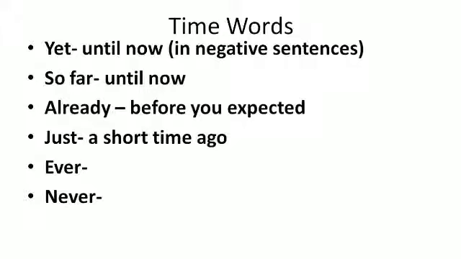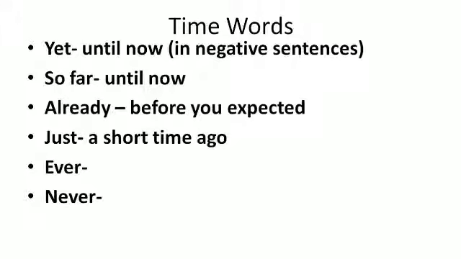Already means before you expected. Before I expected. Just means a short time ago. Ever, never. These are some of the time words or adverbs that will be used to show the time relation of present perfect tense in English.